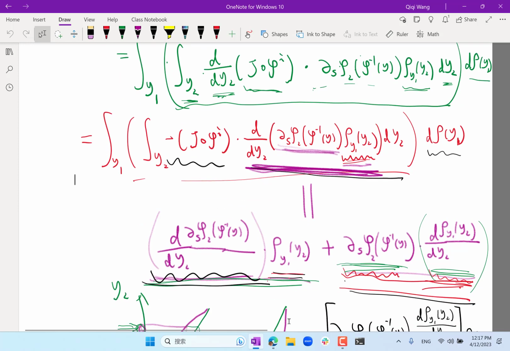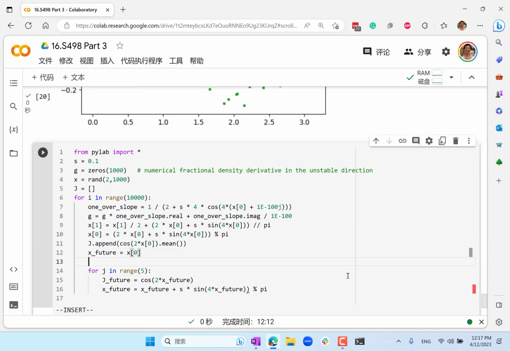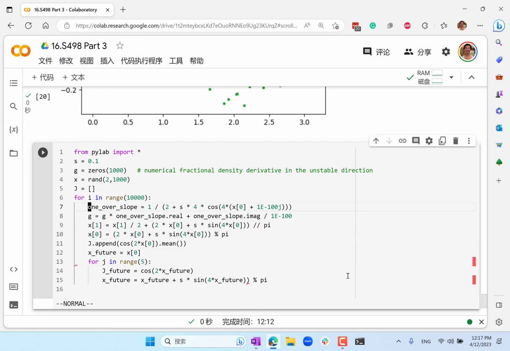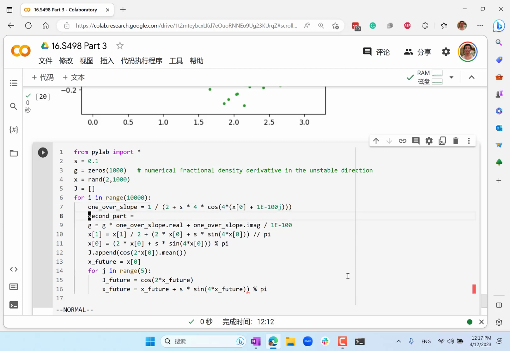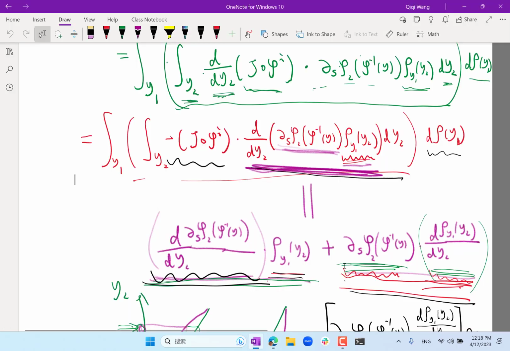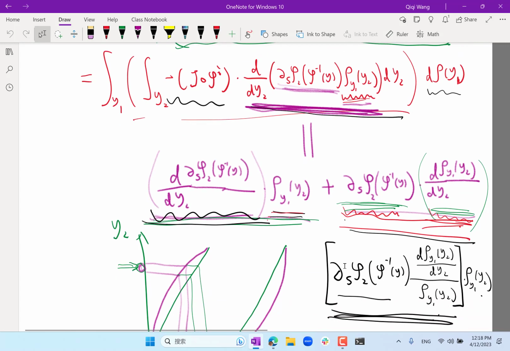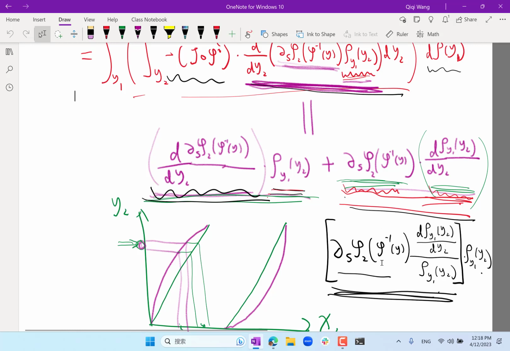The second part, after we have G, is actually very easy to compute. The second part is just the perturbation itself. Actually, I want to compute the second part before we make this change. One second. That is because I need the pre-image of y, right?